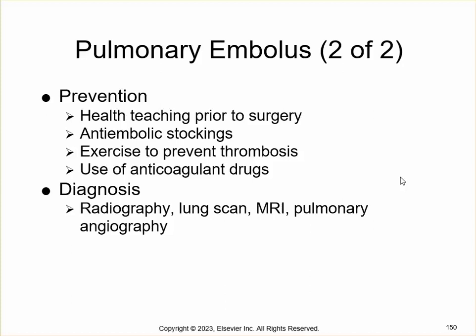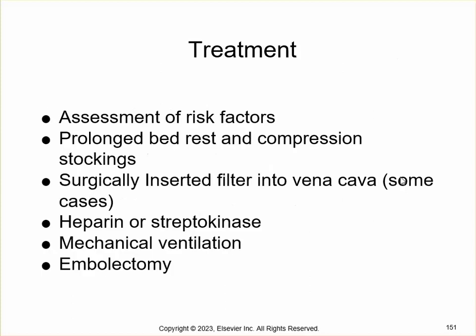They found mine with an MRI. And that's the way that it's usually found. Right? So assess the risk factors. Sometimes if it's happening a lot, putting a mesh filter into the vena cava will collect those clots and prevent them from going any further.